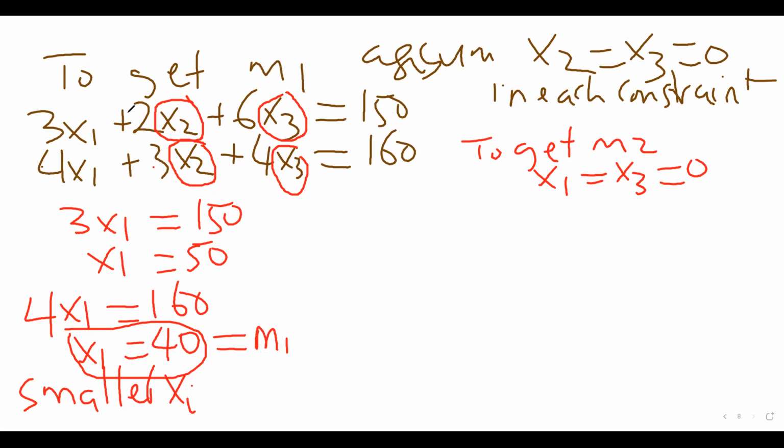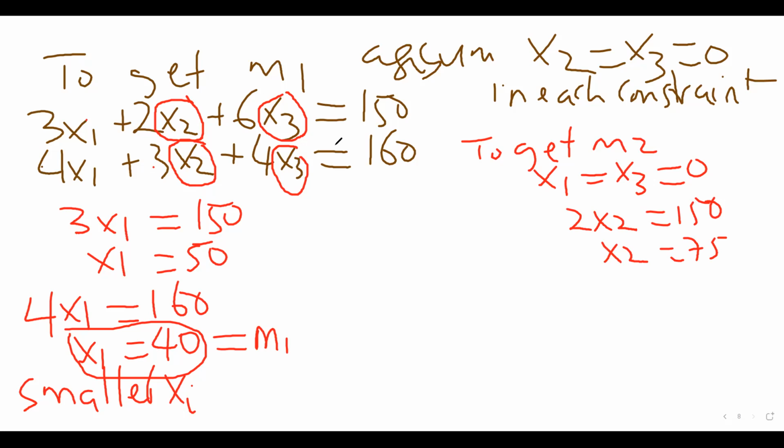Look at the first constraint. x1 is 0, x3 is 0, so you are going to be left with 2x2 equal to 150, which means that x2 is equal to 75. That is it for the constraint 1.